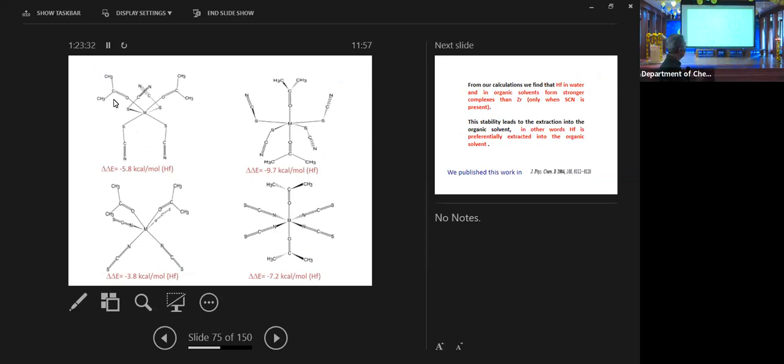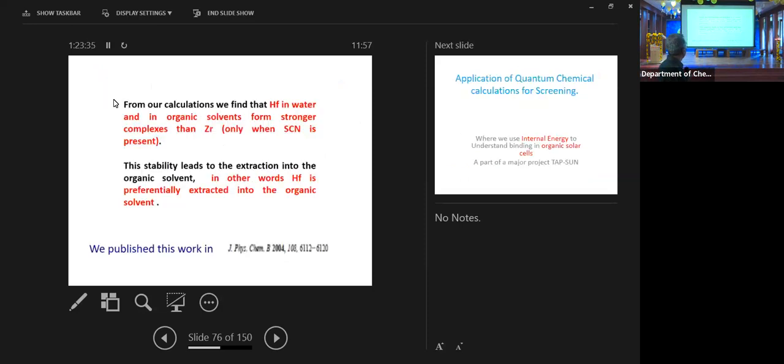This is what we have done, and we told the experimentalists to design macrocyclic ligands, but add thiocyanate, and then it is going to bind better to the hafnium and separate hafnium and zirconium. The experiment worked, but in chloroform, and your industry process is in kerosene. So unfortunately, we couldn't proceed, but it was a new work. VSSC were very happy when we put it into JPC, the Journal of Physical Chemistry. That was good.